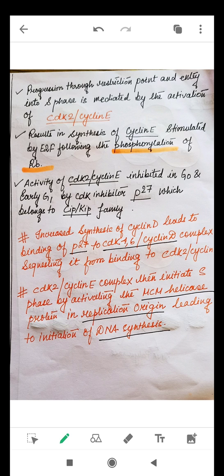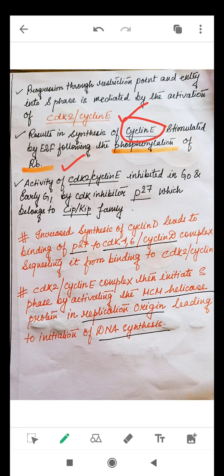So it is basically the restriction point between G1 and S. The move into S is mediated by CDK2 and cyclin E. So the participating factors here are CDK2 and cyclin E. The transcription which is happening is the synthesis of cyclin E. Cyclin E synthesis is stimulated by E2F following the phosphorylation of RB. Now, the activity of CDK2 and cyclin E.